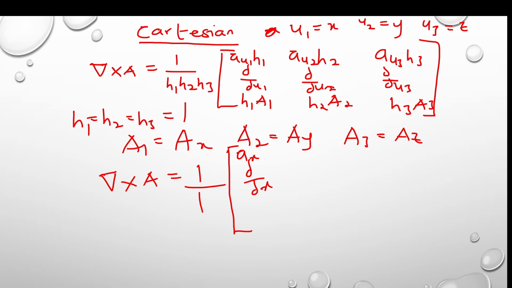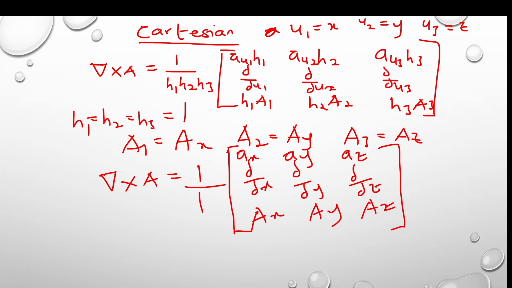And then A1 is AX. AU2. Now U2 is Y, multiplying H2, which is also 1. Okay, so this is what you are going to get. That's what's here.